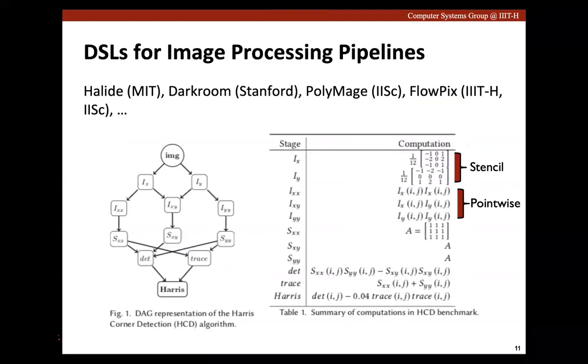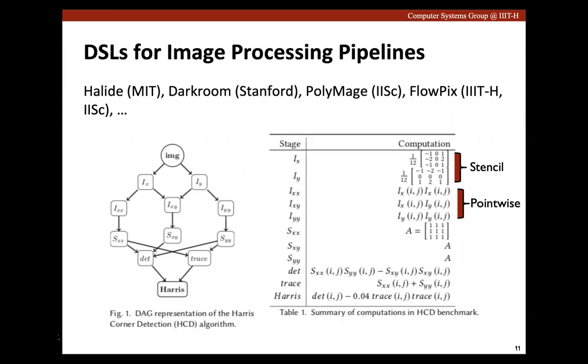So for example, if you look at this particular image processing pipeline, this is called the Harris corner detection pipeline. You can see that stage IX is a stencil stage, and the stencil that is applied you can see on the right hand side in the table. Stage IY is also a stencil stage.